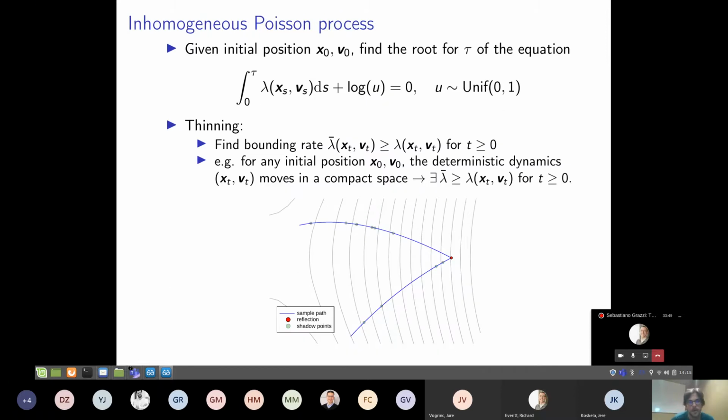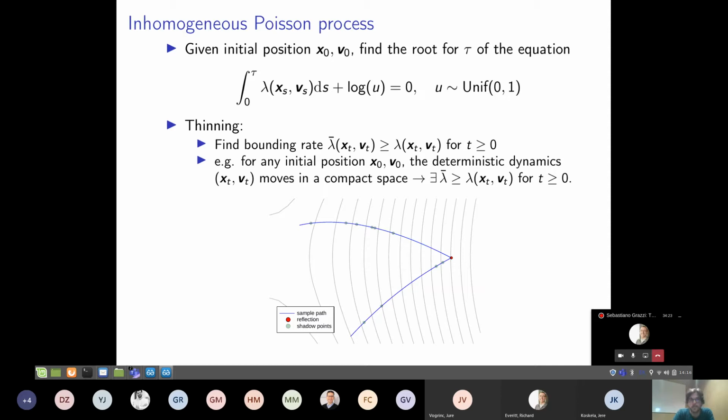Now the most delicate part of this algorithm is to draw waiting times or first event times from inhomogeneous Poisson processes with this kind of rate lambda. In order to do that, what is the standard is to use the inversion technique, which means we basically have to find the root tau of this equation, where U is just a uniform random variable.